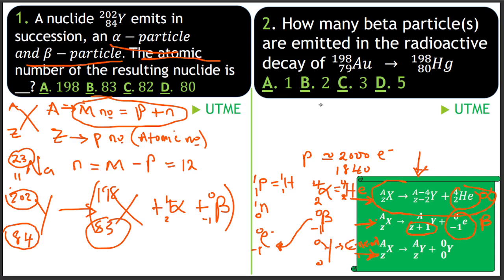Now let's come over to question number 2. How many beta particles are emitted in the radioactive decay? So let's put down 198 and 79, and then we have 198 and 80.